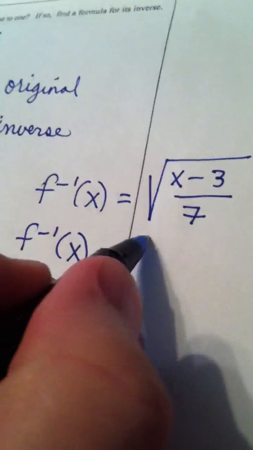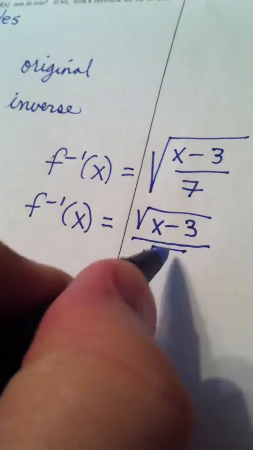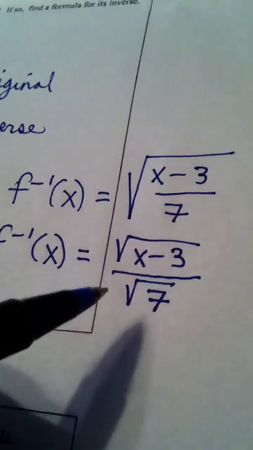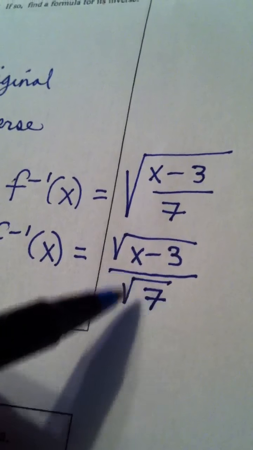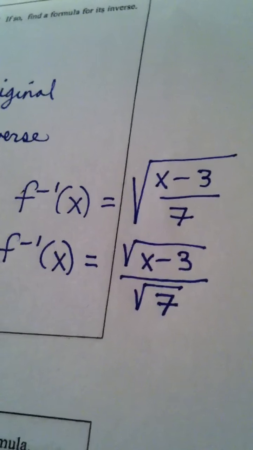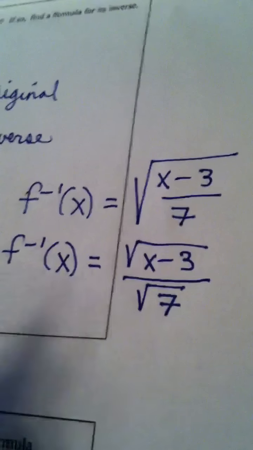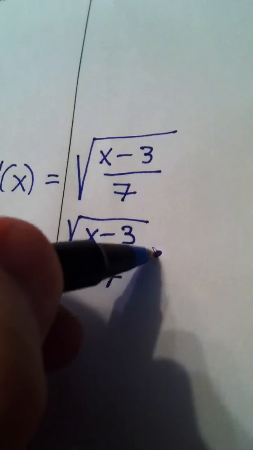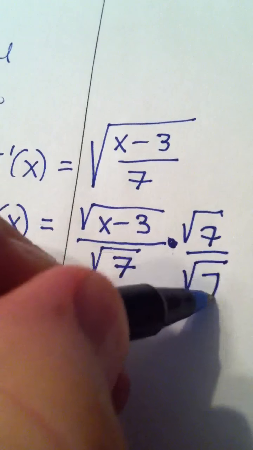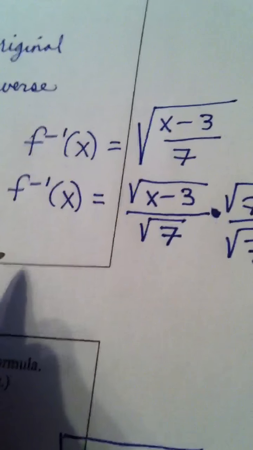But remember the quotient rule for radicals. This splits apart as the square root of the numerator divided by the square root of the denominator. And there is a rule from previous courses that you are not supposed to leave a radical in the bottom. So we go through, if you'll recall, the process called rationalizing the denominator. And what I do is I multiply top and bottom, both numerator and denominator of this function, by the square root of 7.